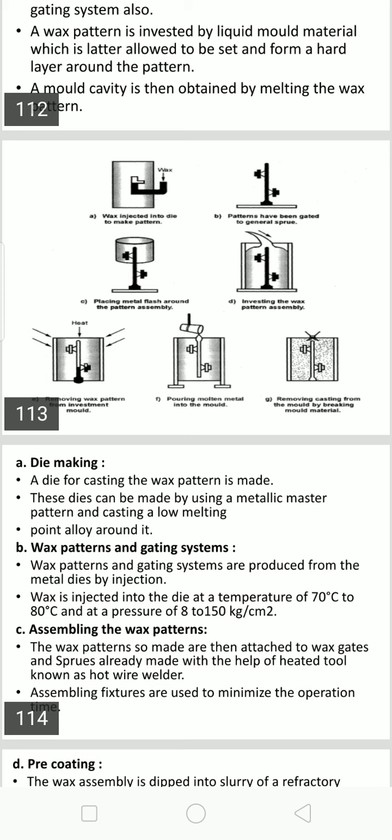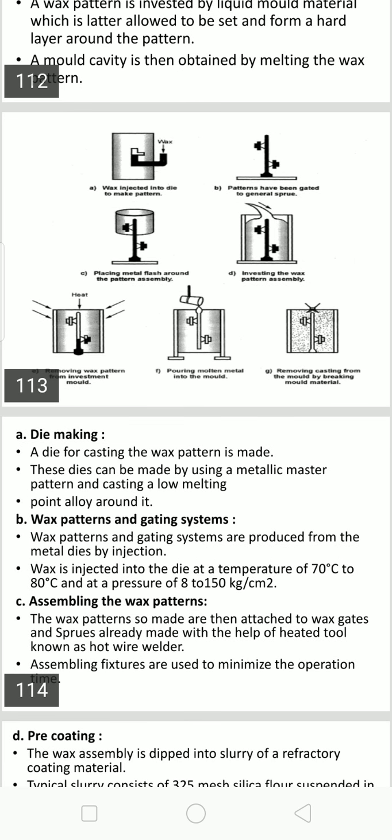The investment backing is later filled around the shells. However, these shells, once assembled over the board, are dipped in a ceramic slurry. Ceramic slurry is nothing but silica flour suspended in ethyl silicate solution to form the primary coating, and later a rough coarse sand is applied over the shells after taking them out. That is exactly called pre-coating.